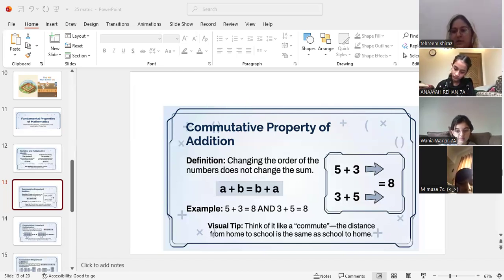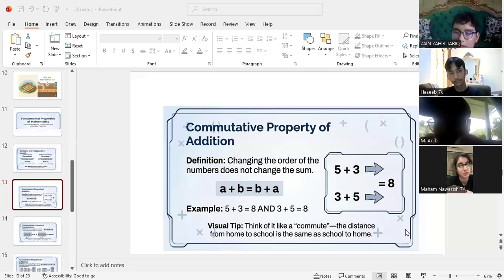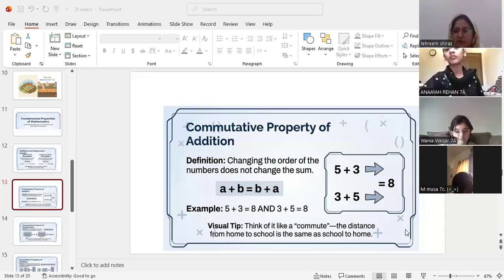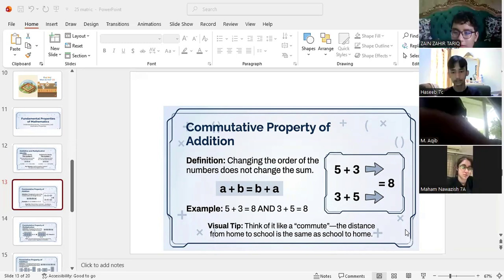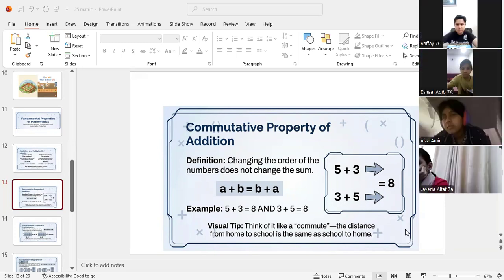Any other example? If you can give me any other example, just raise your hands. Anyone? I'm waiting. Just raise your hands from the boys' side. Boys.